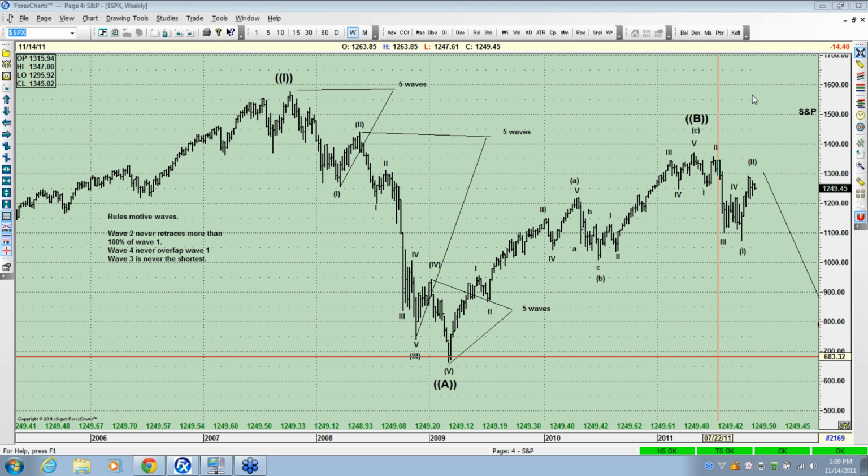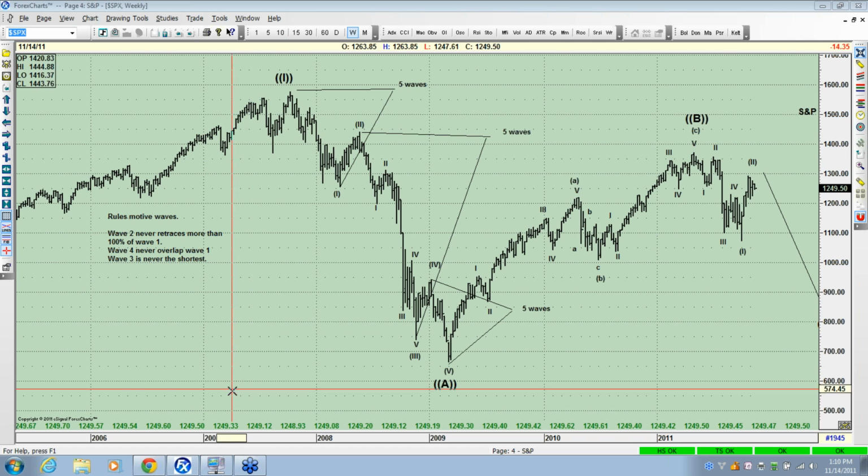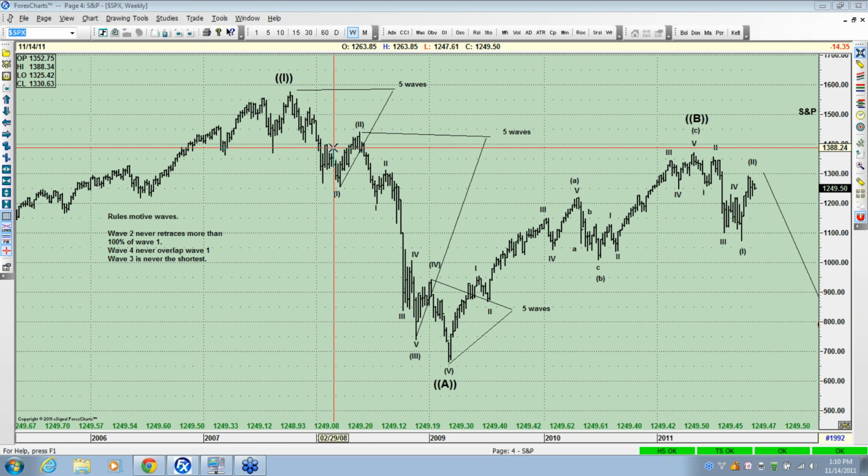The Motive Wave is usually a very powerful wave that runs in the direction of the trend of one higher degree. In other words, if the trend is to the downside, the Motive Wave or the impulse is going to happen to the downside most of the time.